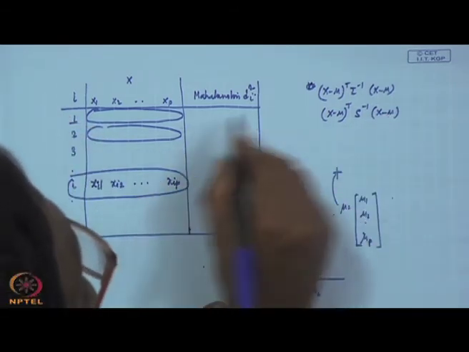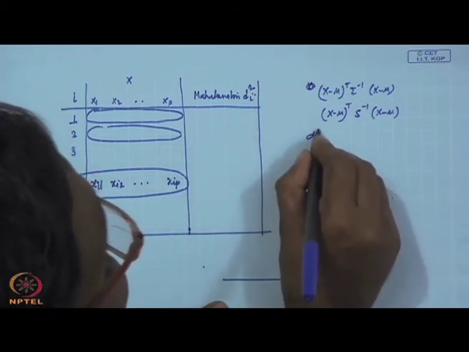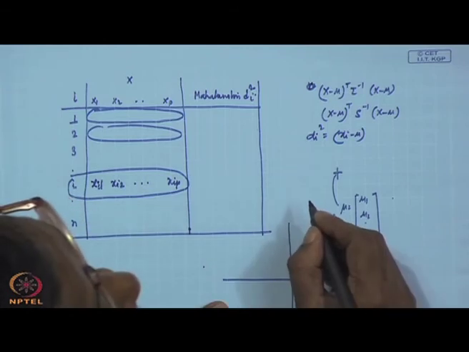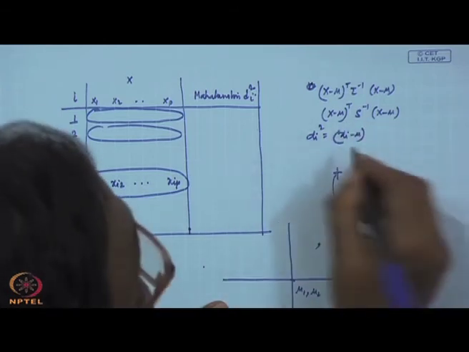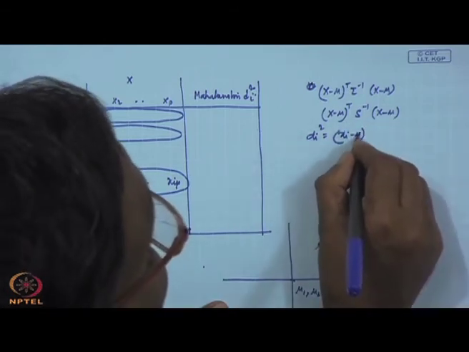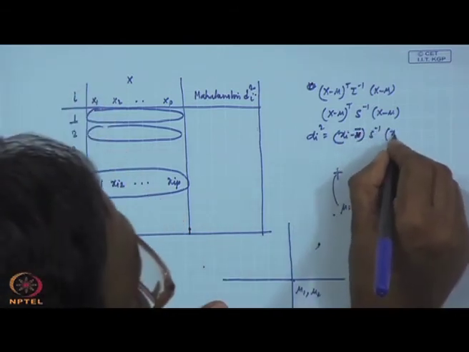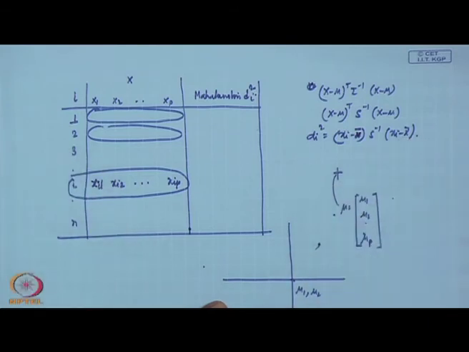So, when I say d i square, I am saying x i minus mu, but I do not know the mu. So, I will write x i minus x bar transpose S inverse x i minus x bar.